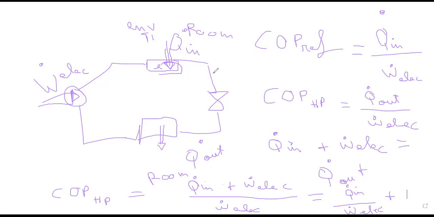But with this system, I can force heat to go in the opposite way, from cold to hot. And we'll see in detail how we can draw these cycles and how we can determine at different points what are the characteristics and how we can calculate efficiencies, COP, etc. Any question on this?